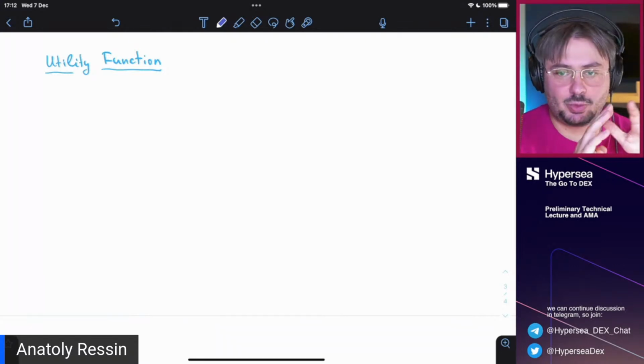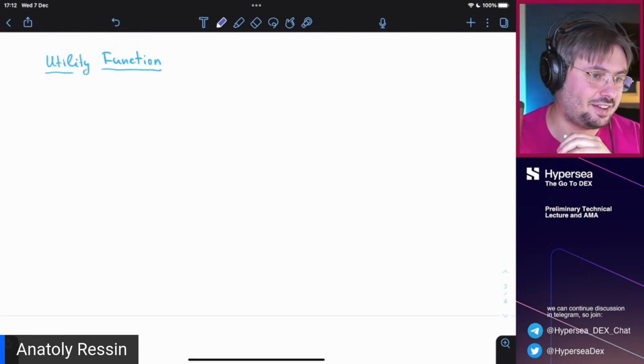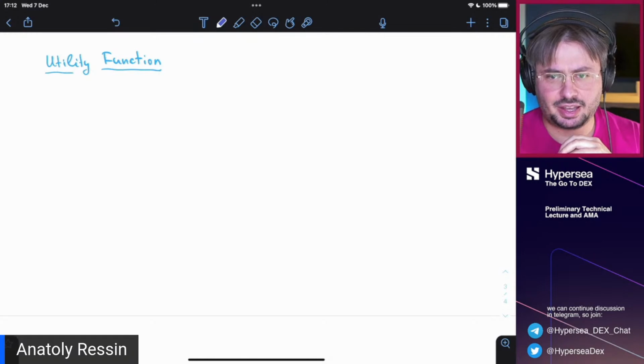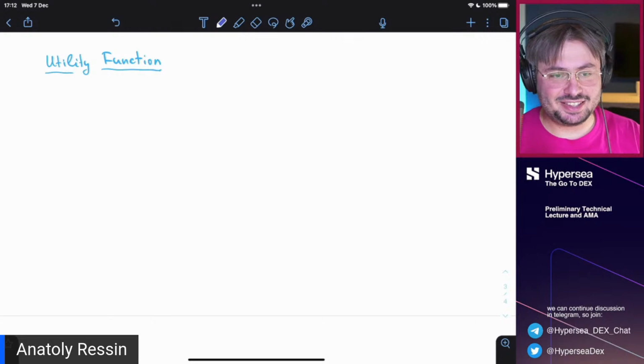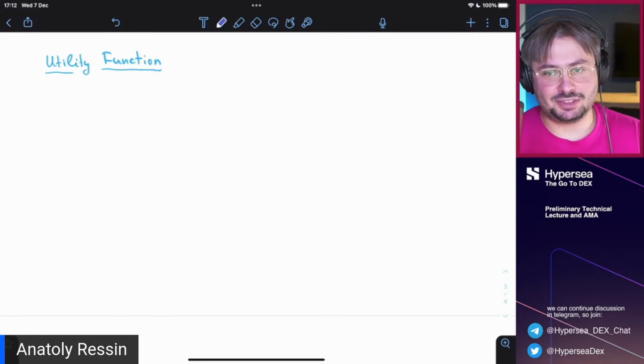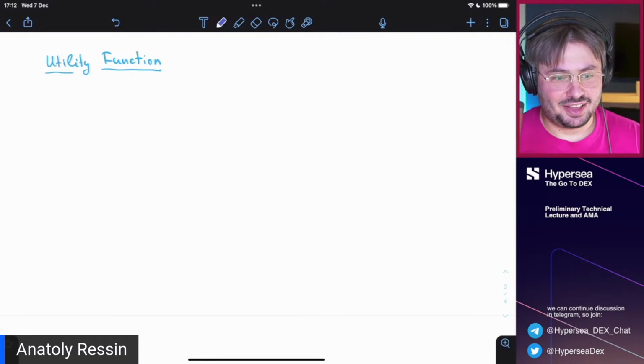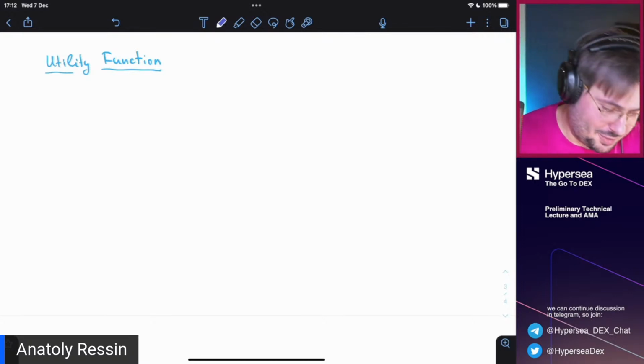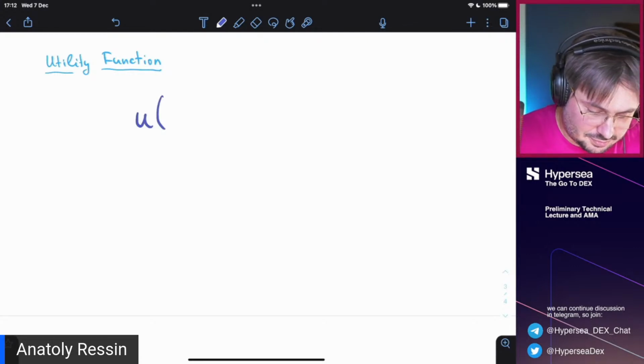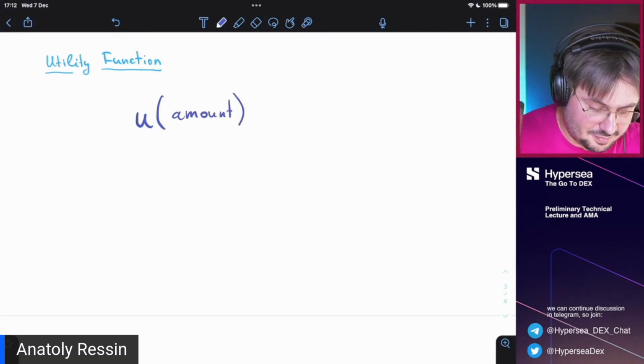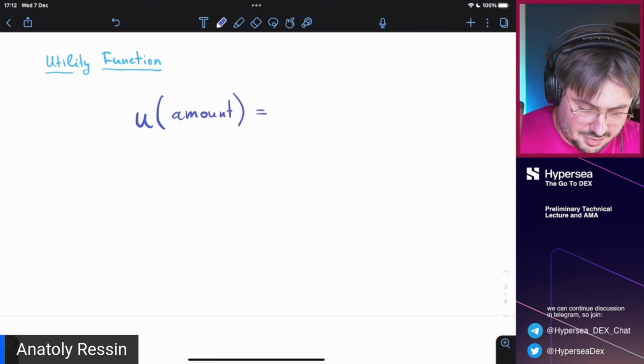We don't say that we can measure it, so it's really a subjective thing. But let's say that every user has such a function. It means that it is his own function that represents it. So let's say that U of amount is utility.